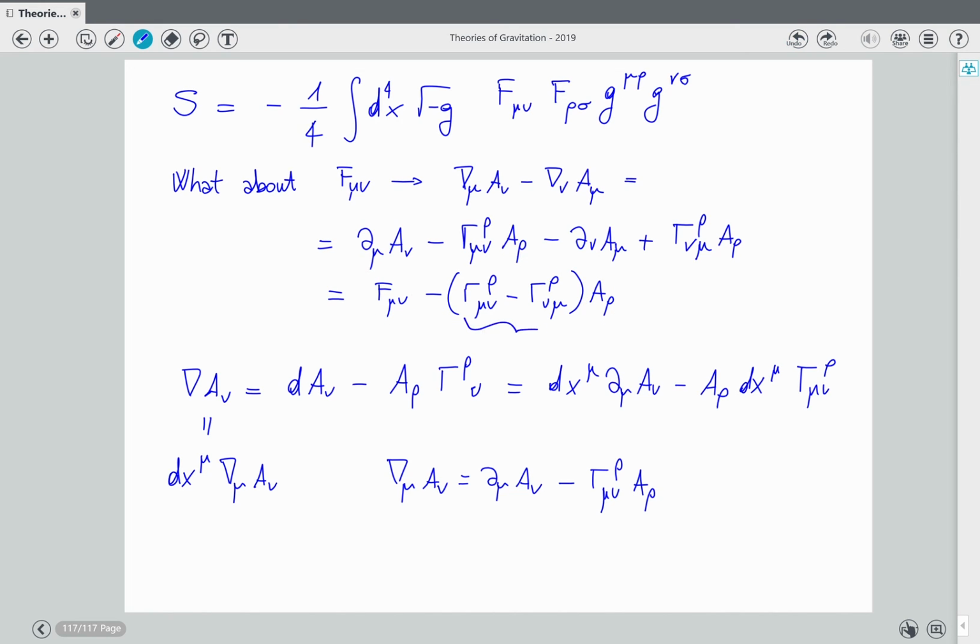So this object is non-zero, but it transforms correctly, even if separately the Christoffel symbol is not a tensor, but the difference, this is like a variation. This is a tensor. So we will continue tomorrow.